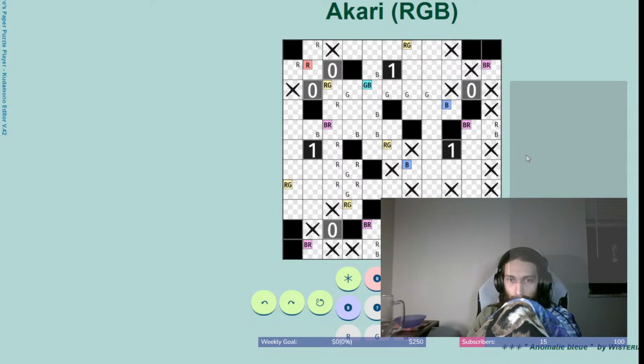And we do have to light the entire grid, right? Mm-hmm. That can't be blue. But I could put red in either of those two.